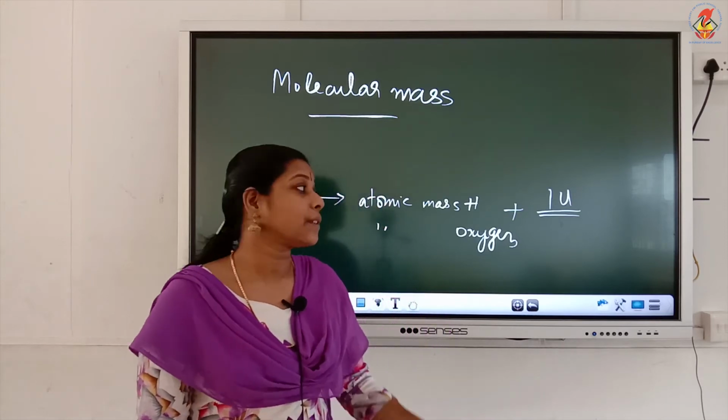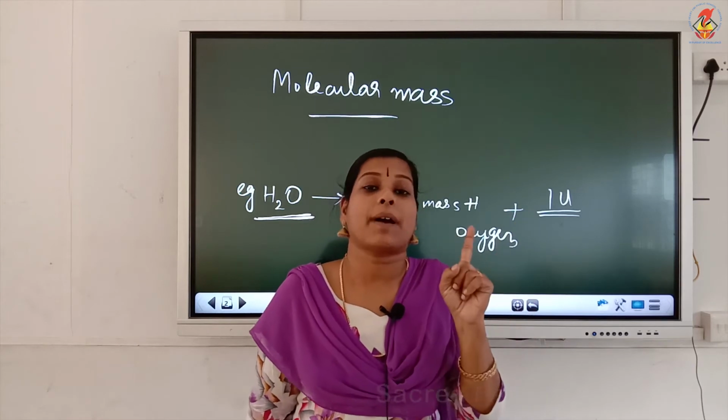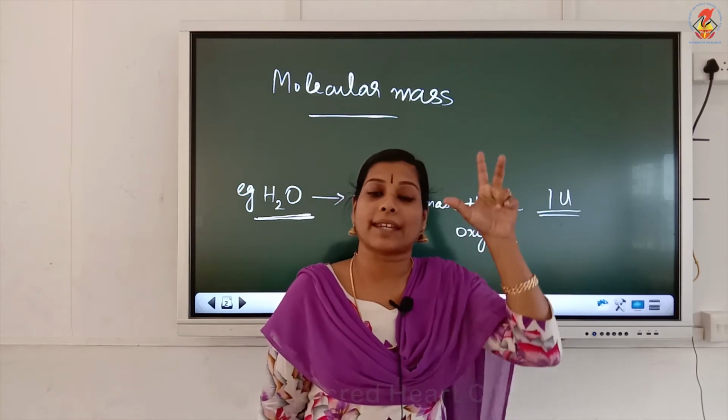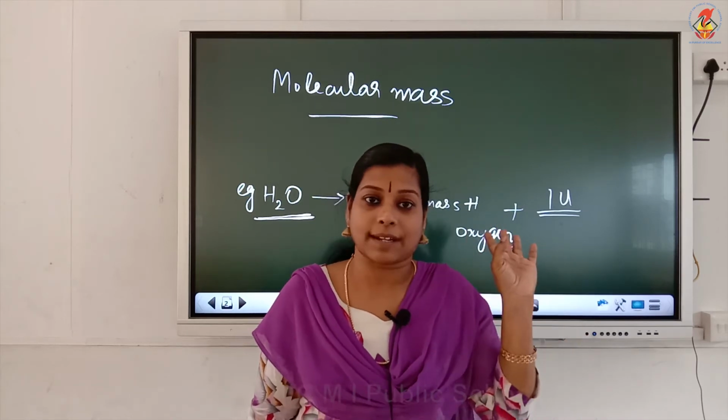If you know the atomic masses, when I took the atomic mass class, I gave you a table with the atomic masses of different elements, and I told you to study that.